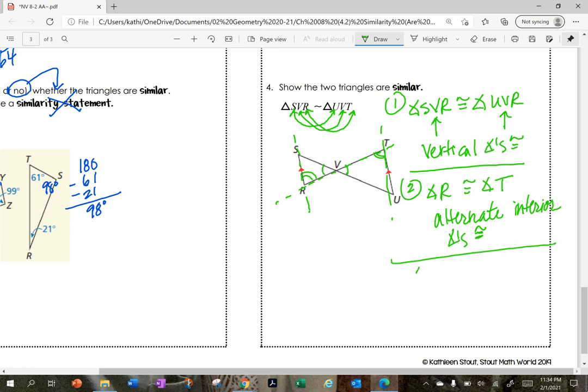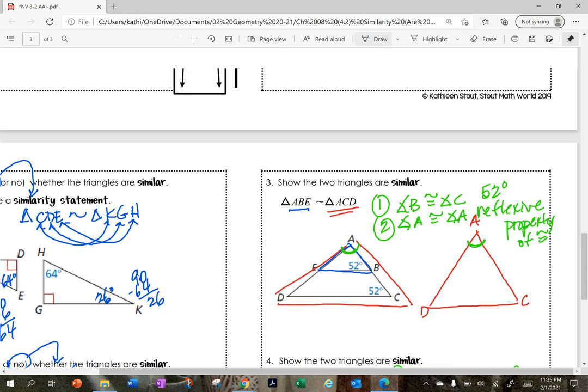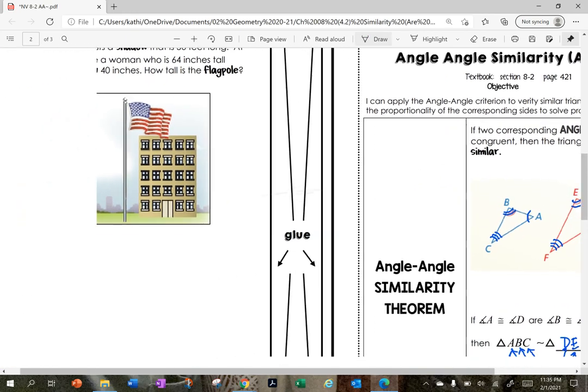Or, using the same transversal and these alternate interior angles, angle S is congruent to angle U. Same thing, alternate interior angles are congruent. So either one. Just two of the three. If I show two of the three sets of corresponding angles are congruent, then I know my triangles are similar.